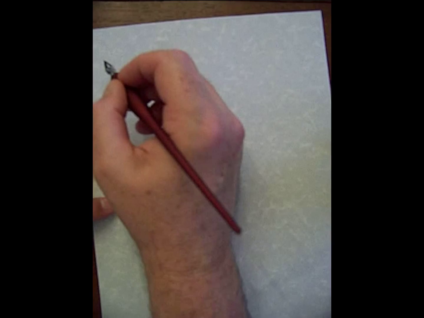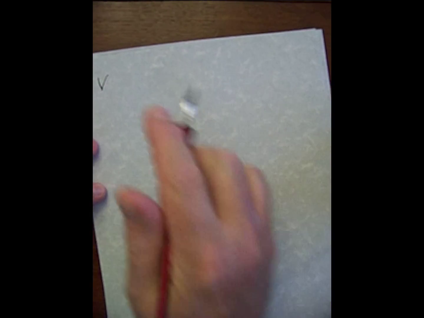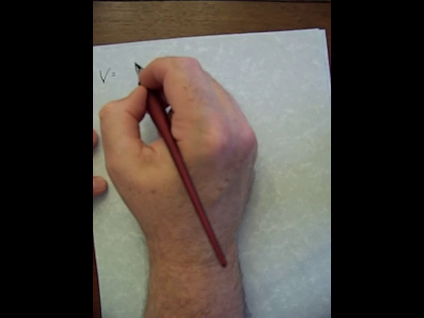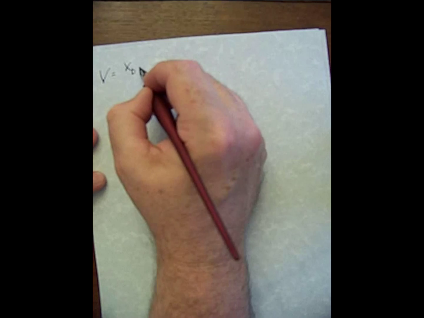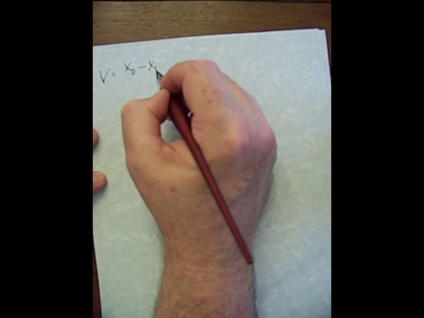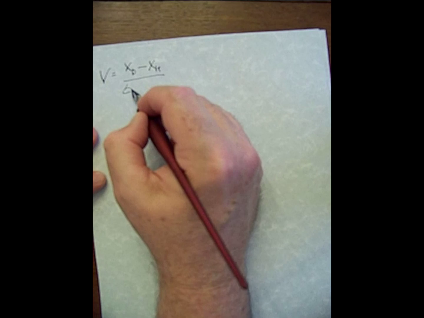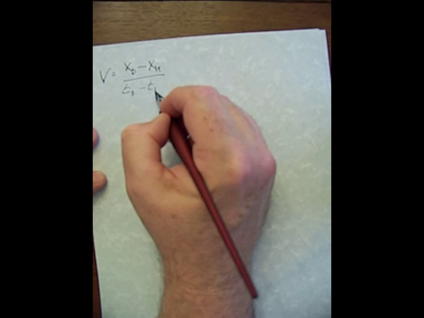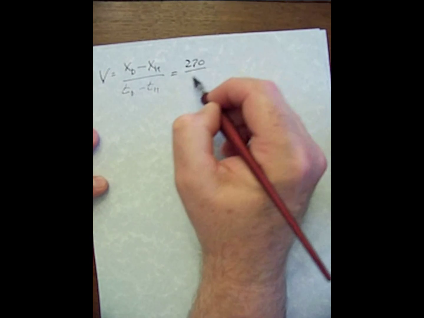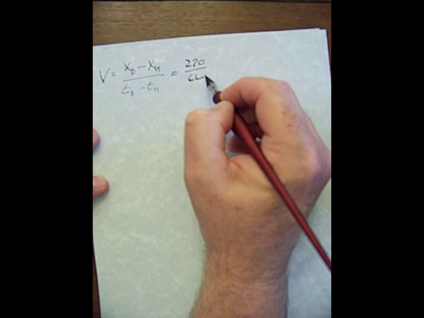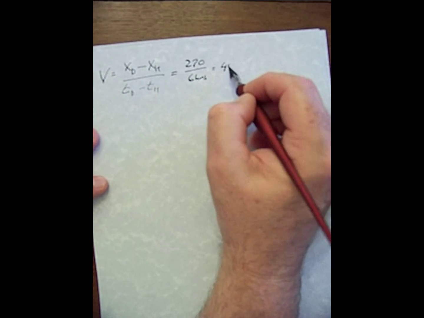Well, remember that our average velocity is our total distance, in this case x of Dallas minus x of Houston, divided by t sub Dallas minus t sub Houston. And like I said, in this case, 270 miles, 6 hours, 45 miles per hour.